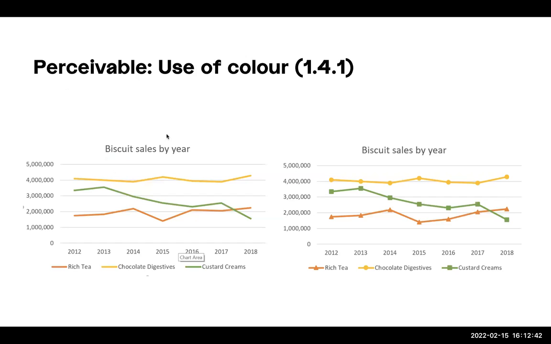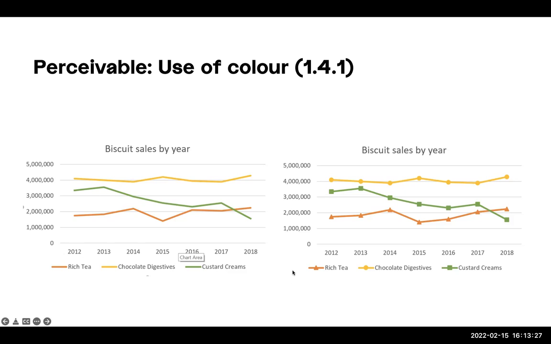Another example in the perceivable principle is the use of color, which is success criterion 1.4.1. For example, here on the left-hand side, this chart is presented. All of these lines are presented using color alone. Think about it: here are the yellow, green, and red lines, so we all can see them. On the right-hand side, they use the same information represented on the graph, but there is something additional, which is shapes integrated with the lines.